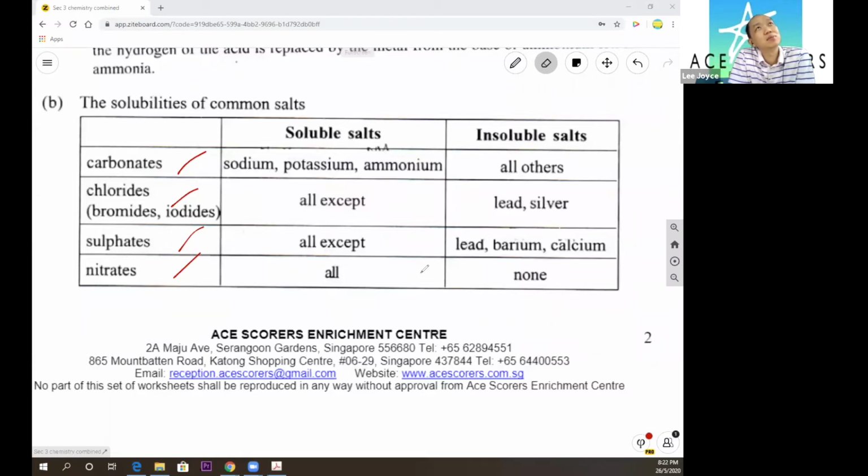Carbonate, sulfate, nitrate, chloride. Okay, can already.